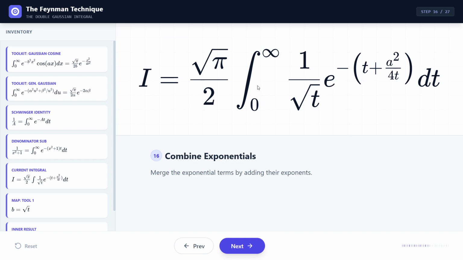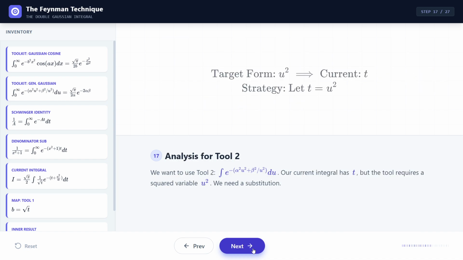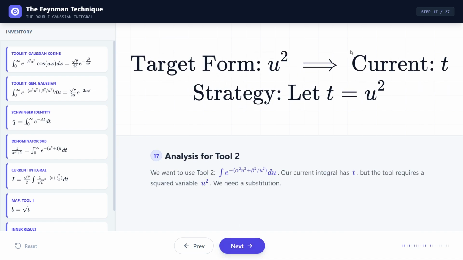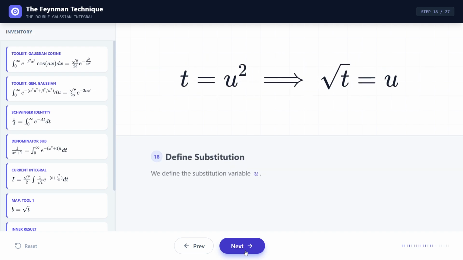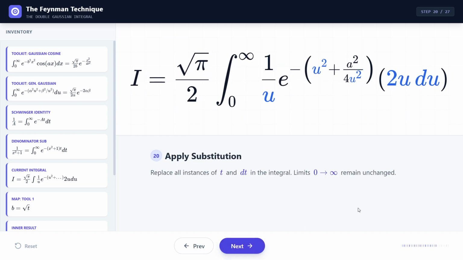But what we can do in this integral right here is let t equal to something squared, u squared. So we're going to let t equal u squared. Therefore, our square root of t is u, and our dt is just 2u du. Putting that back in, and now we have this, and this is much closer to our form. In fact, it matches our form exactly after simplification.